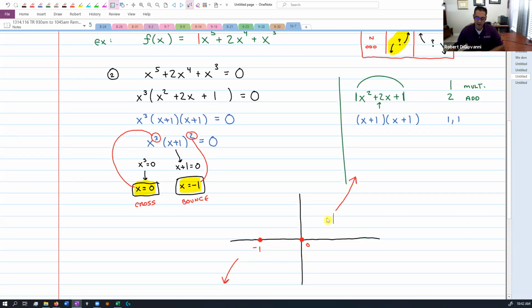And now I just need to connect this together with a smooth curve that at -1 will bounce and that at 0 will cross. So when I draw this, notice I'm going to come up to -1, I'm going to bounce off the x-axis. Then I'm going to come over here and cross through at 0 and connect through there, and that should be it.